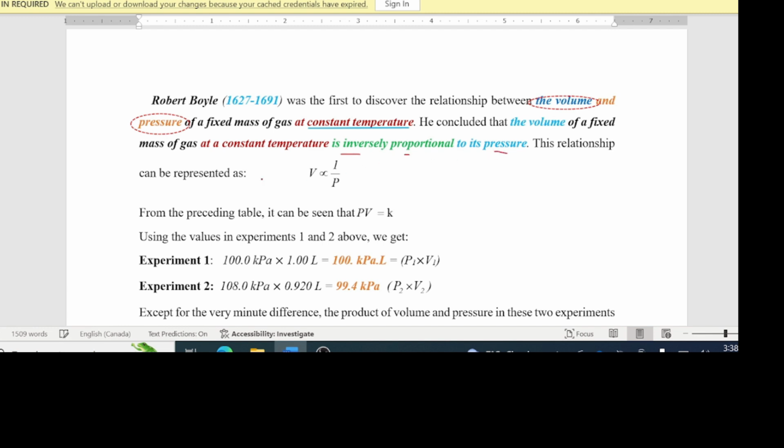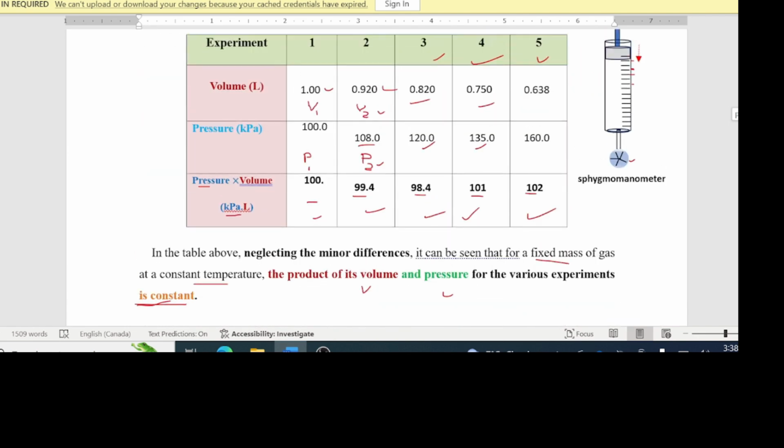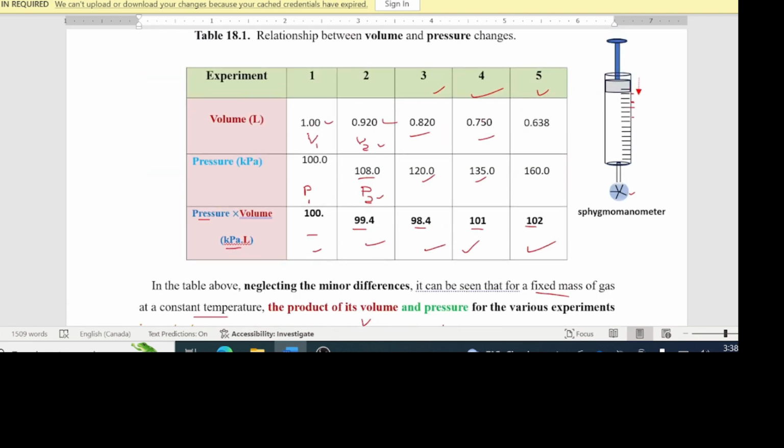So you can formulate an equation here. You can say V is inversely proportional to pressure, because you found there as you increase the pressure, the volume got less. So based on this equation here, we can say that P times V is equal to a constant, and we found that constant in this experiment here, that P times V was equal to this.